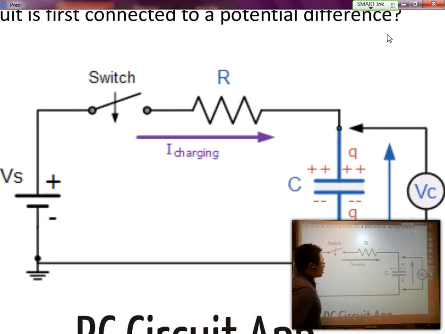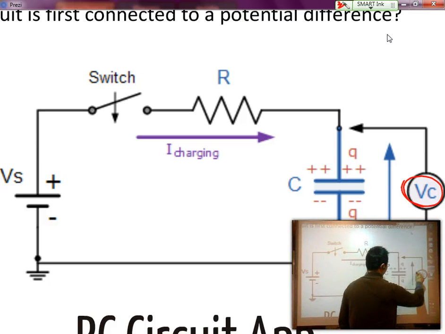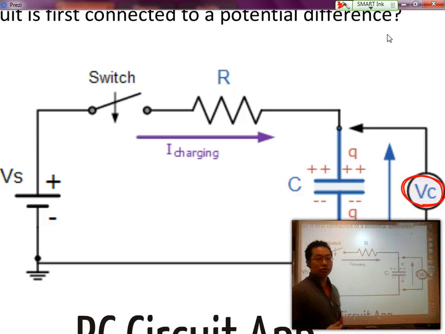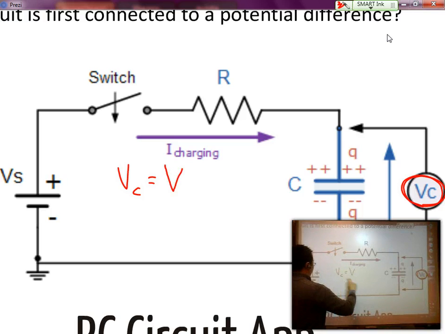And notice that as the plate is charging, initially there's no potential difference over the plate, but as it's connected to the battery for a long time, the voltage of the capacitor becomes the voltage of the battery itself.